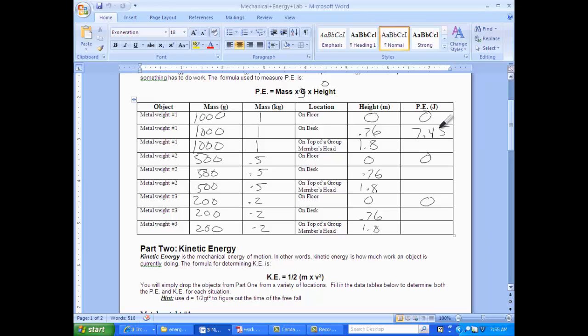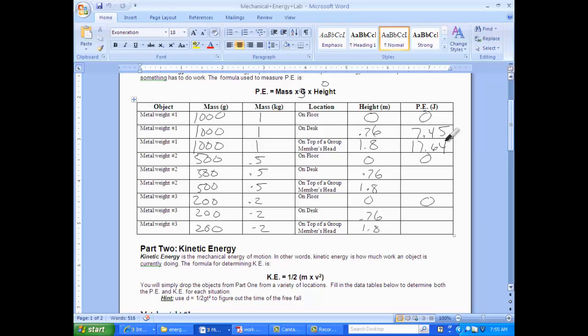All right, next one. It's mass times gravity times height. So again, it's 1 times 9.8 times 1.8, which is the height, and it comes out to be 17.64. Once you can do one of them, guys, you can really do all of them.